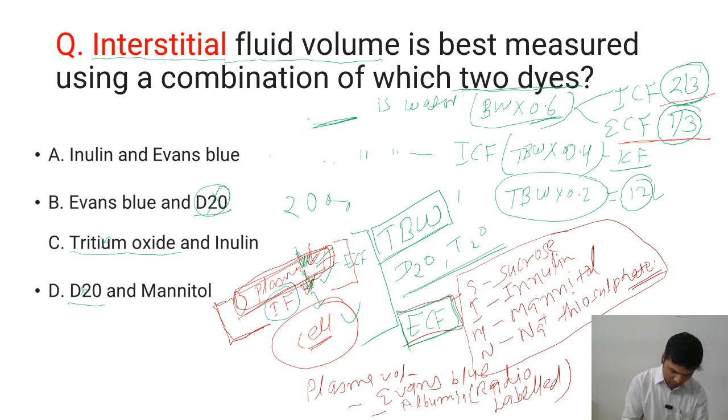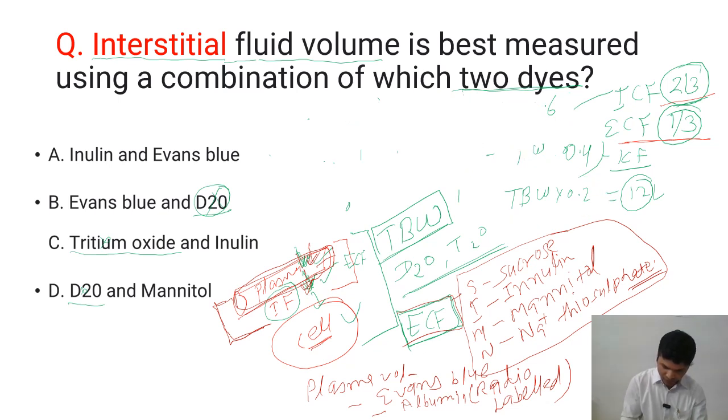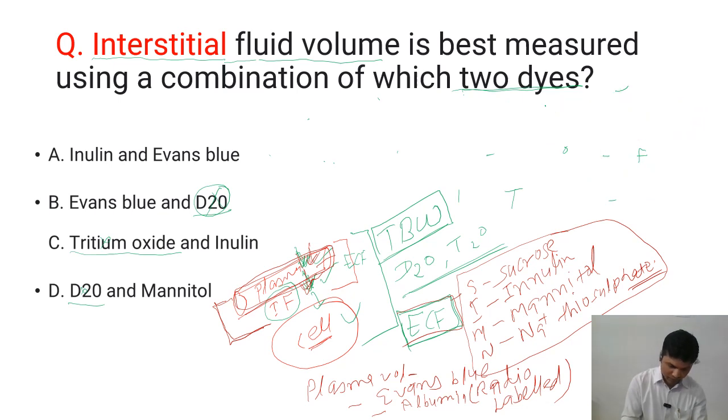So now we know total body water. To calculate total body water, the dye should go freely to all compartments: plasma, meaning blood vessels, then interstitial fluid, and then inside the cell.